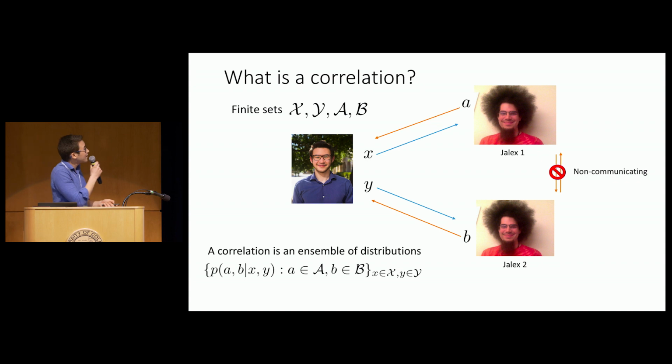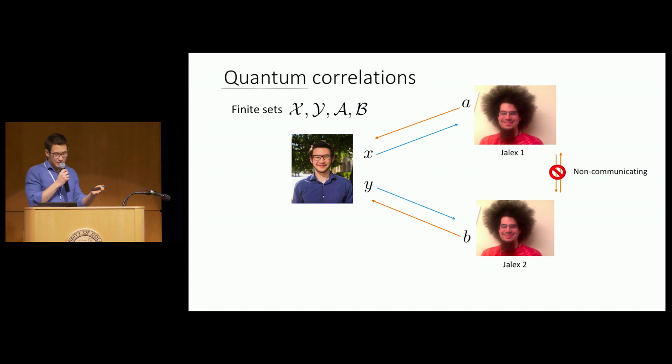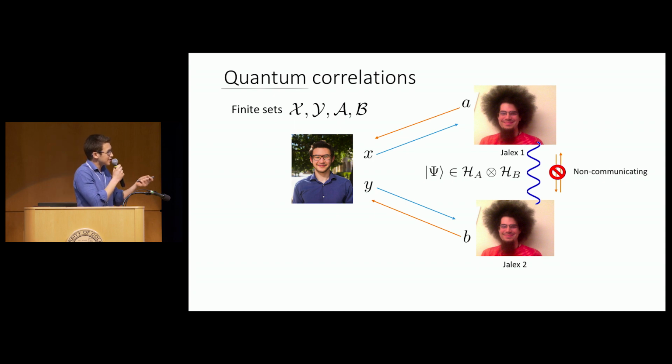So now, what is a quantum correlation? A quantum correlation is just a correlation that can be attained by a quantum strategy. And by a quantum strategy, okay, we mean that we allow the two provers to share some entanglement. And we say that the quantum strategy is specified by a joint state psi of the two provers. So we assume here that the two provers are each possessing one register. So prover 1 has some Hilbert space H_A, and the second prover has H_B.